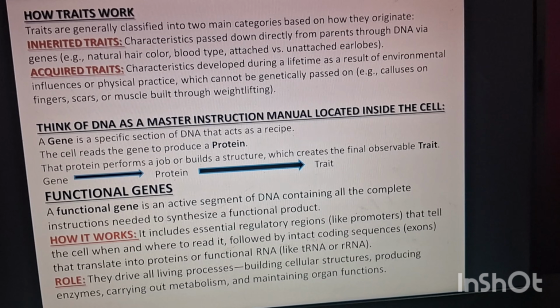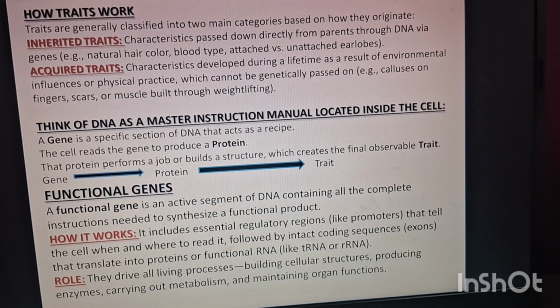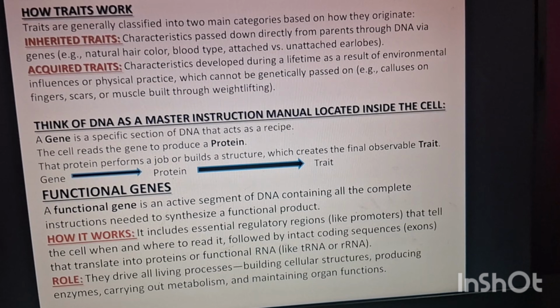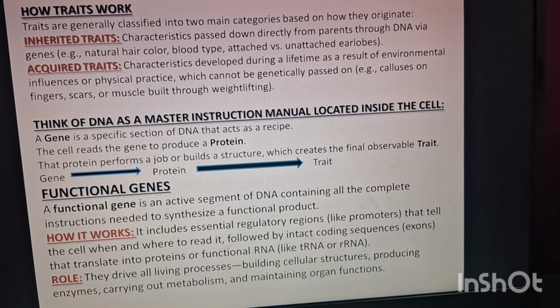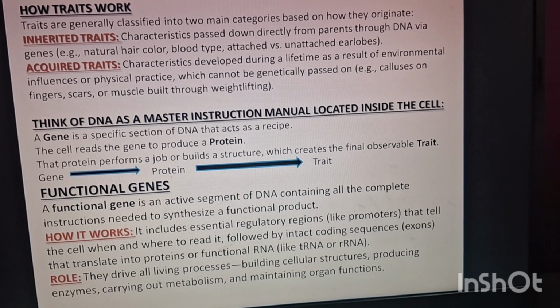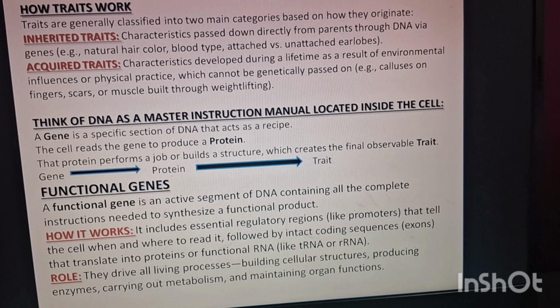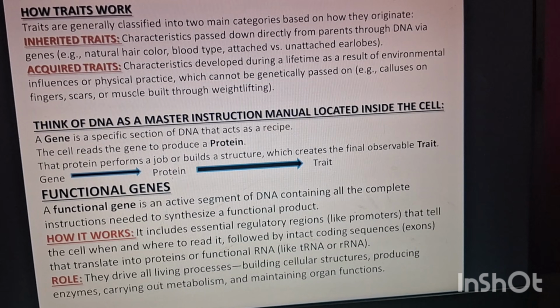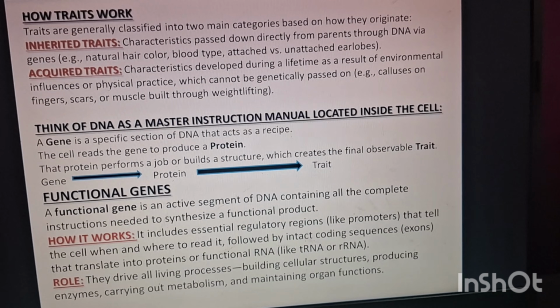Next, acquired traits. Characteristics developed during our lifetime as a result of environmental influences or physical practice, which cannot be genetically passed on. That is, calluses on fingers, scars or muscles built through weightlifting.